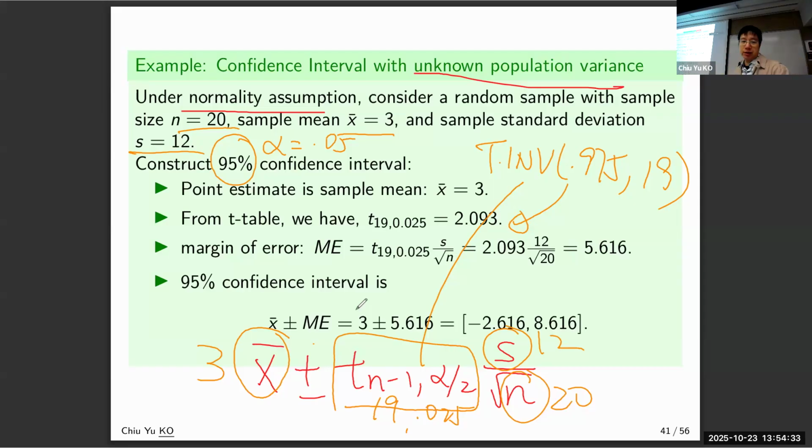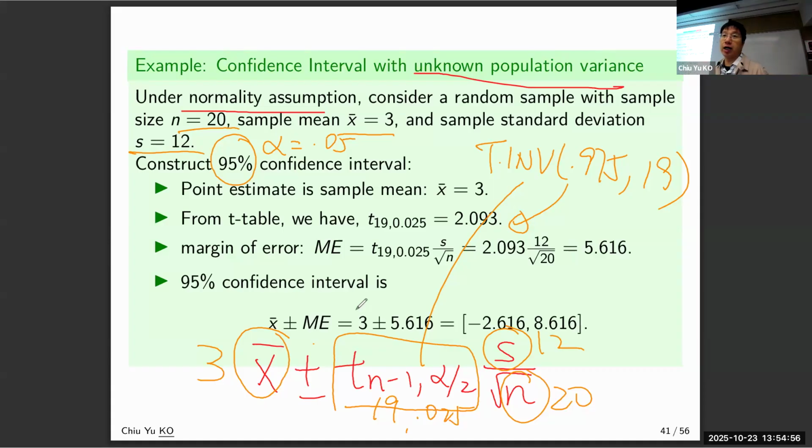Okay. Now the question you would probably ask is, as I said, you want to have a larger sample size to get a more precise estimate. So you want to decide in advance what sample size you want to get, right? That's why we actually do the opposite case. We will give you the precision, the margin of error.